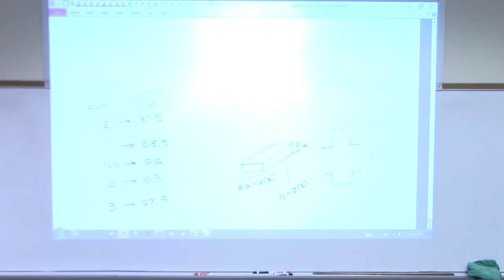Do y'all have an interval yet? Do y'all have a domain? I think it's 0 to 8.5. Close. 0's right. But 8.5, if I were to come in here right now, what would happen if I try and cut 8.5 out of this?